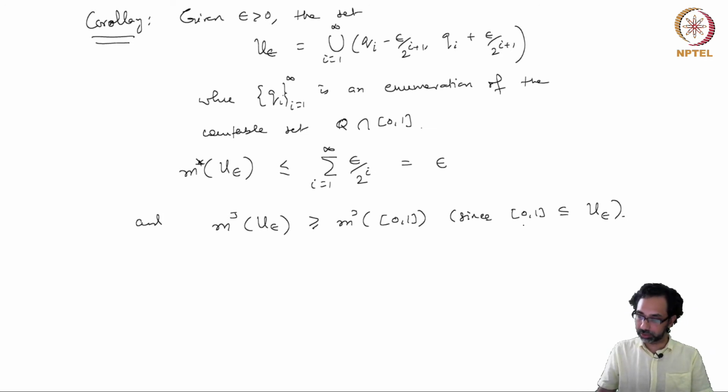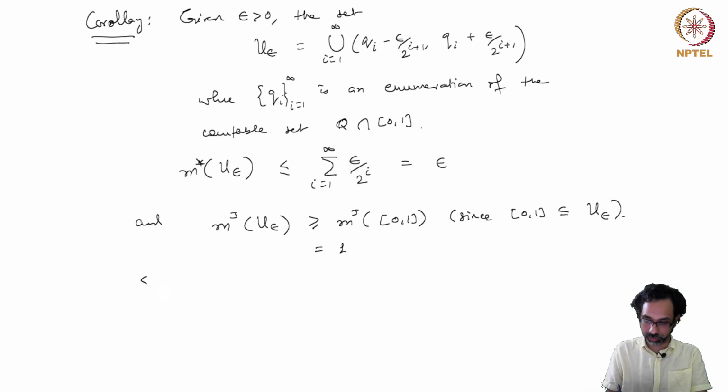So by monotonicity the outer Jordan measure of U epsilon is greater than or equal to 1, while the Lebesgue outer measure is less than or equal to epsilon.